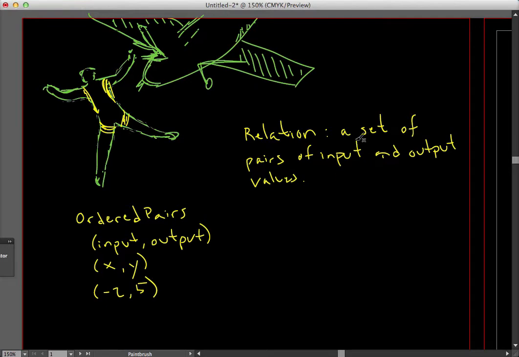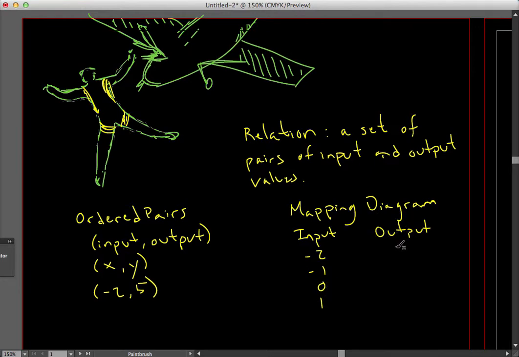Another way of representing relations is a mapping diagram. A mapping diagram lists inputs and outputs, and we can list these as maybe -2, -1, 0, 1.